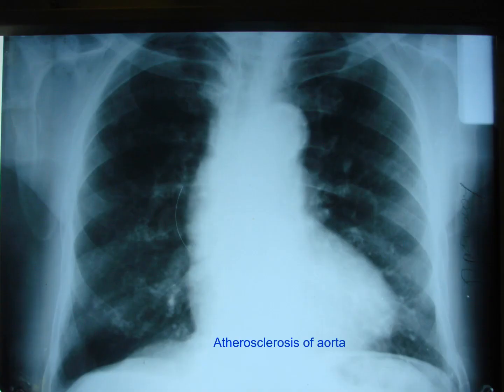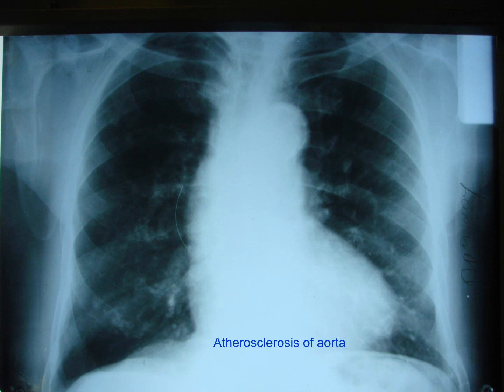Here is an X-ray film with aortic shape of heart, aortic configuration of heart, and it is a patient with atherosclerosis of the aorta. Look, the first arch and the fourth arch are larger than in the norm.